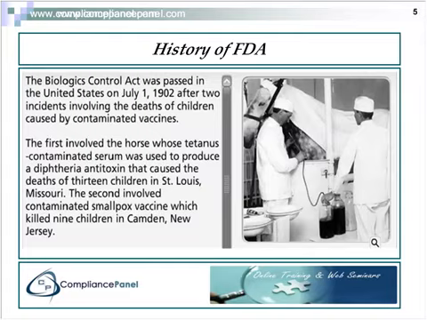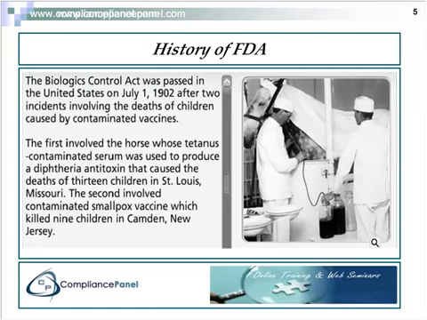Okay, just a little history. The Biologics Control Act that was passed in the United States in July 1902 came as the result of two incidents which involved the deaths of children caused by contaminated vaccines. Both of the incidents were attributed to the failure of proper procedures and testing by local officials. Now, there's a big talk, obviously everyone's aware of the H1N1 vaccines that are out there, and were they properly tested, were the clinical trials done properly.